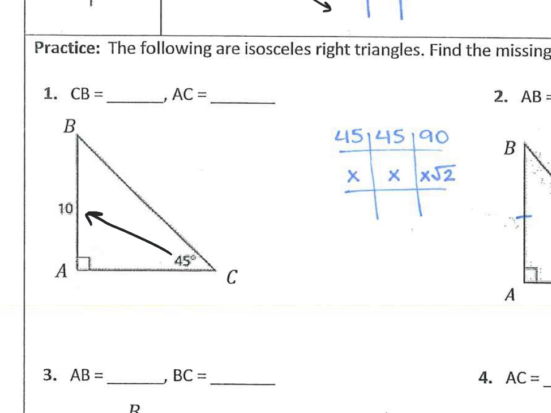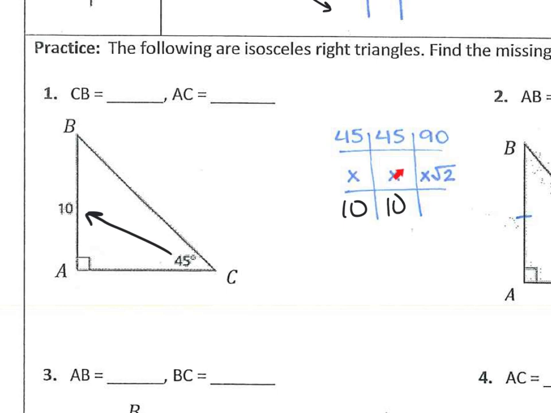So underneath one of the 45s, underneath one of the x's, you're going to write 10, because across from a 45 degree angle is a side length of x, which is a side length of 10, based on the picture. Well, if this is 10, what should I put right here? 10, because it's also x.